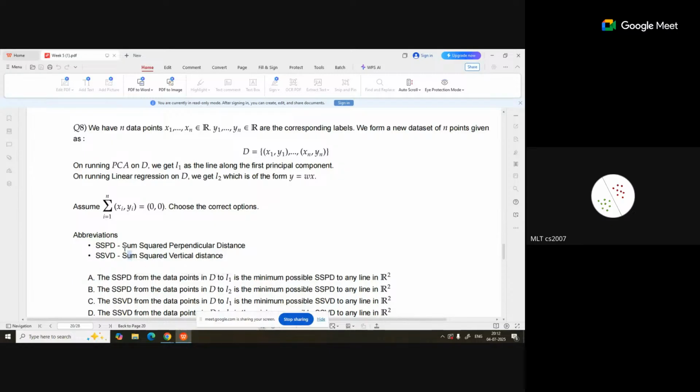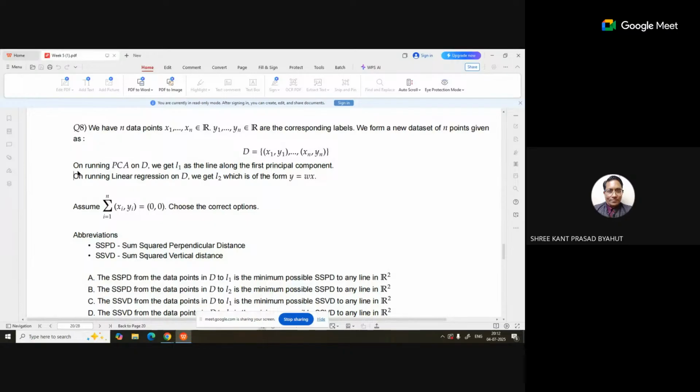Let's say this is the error distance. What is the difference between perpendicular and vertical distance? Is it talking about the projection? I also don't know. One minute, let me also understand this part.